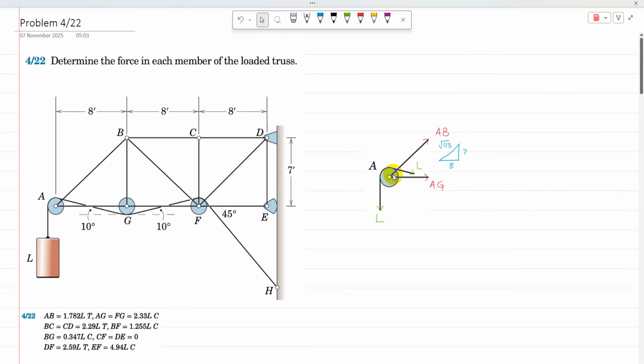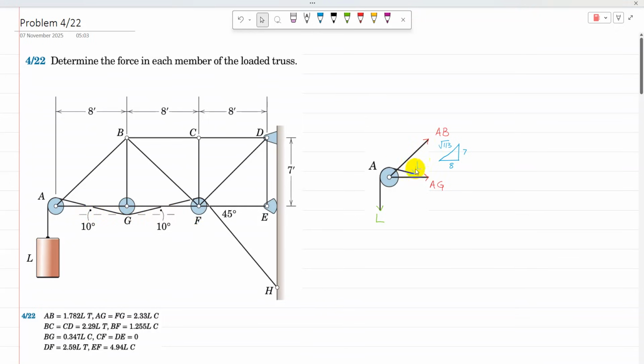Joint A is isolated, and that's the free body diagram. AB and AG are assumed in tension, and the tension on both sides of the pulley is the same. So the tension in the cable is equal to the weight L, and that L makes an angle of 10 degrees with the horizontal.